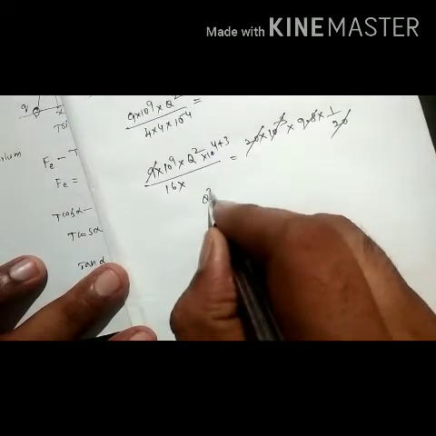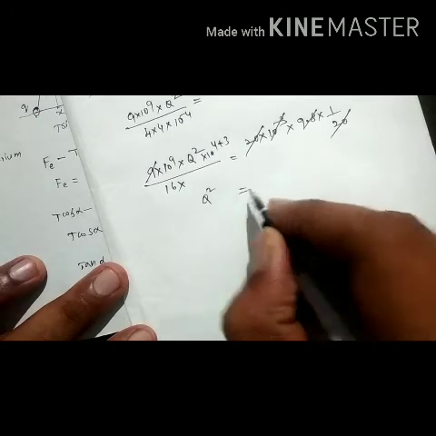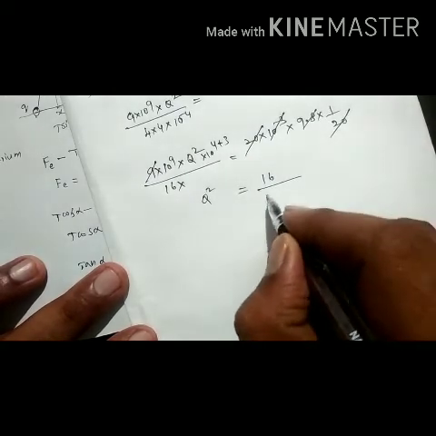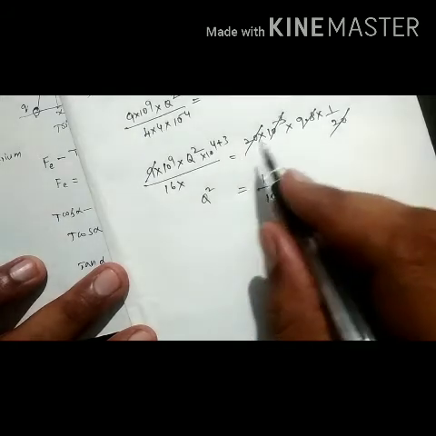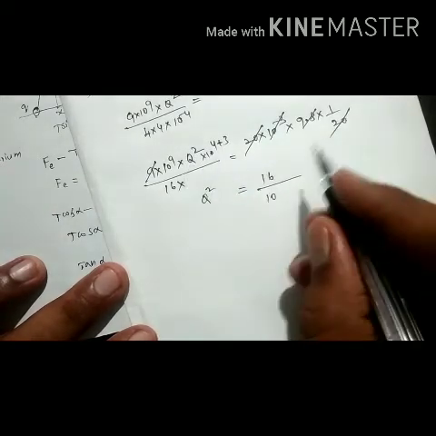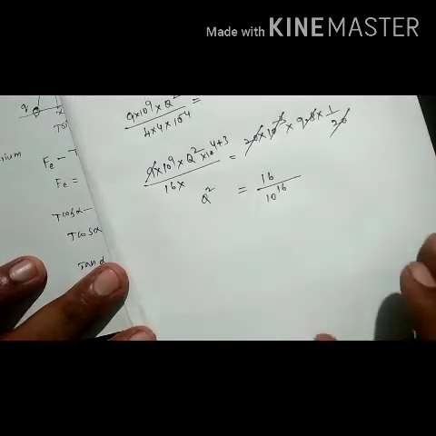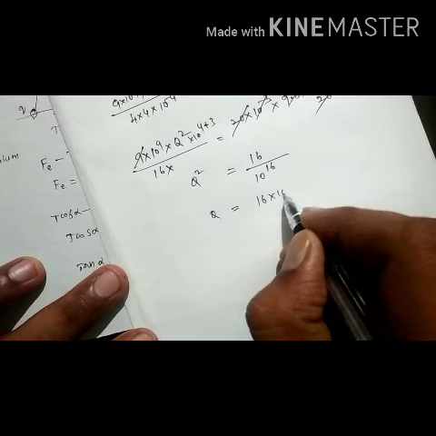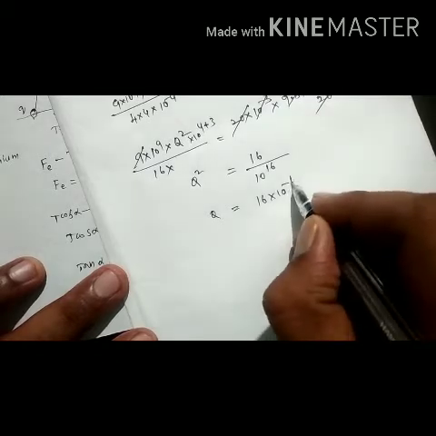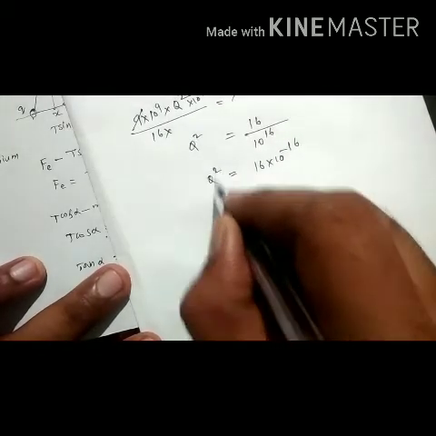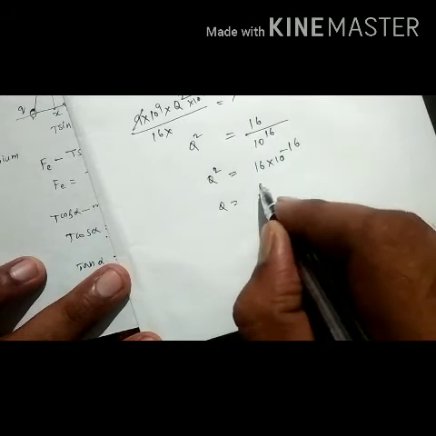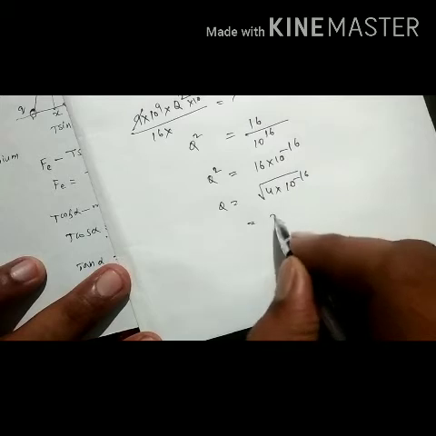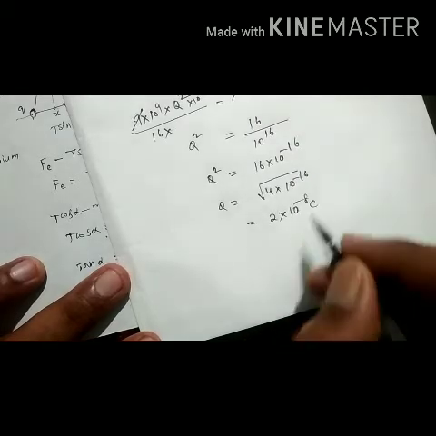So q square is 16 into 10 to the power of minus 16. Then q is root of 4 into 10 to the power of minus 16, so q is 2 into 10 to the power of minus 8 coulomb.